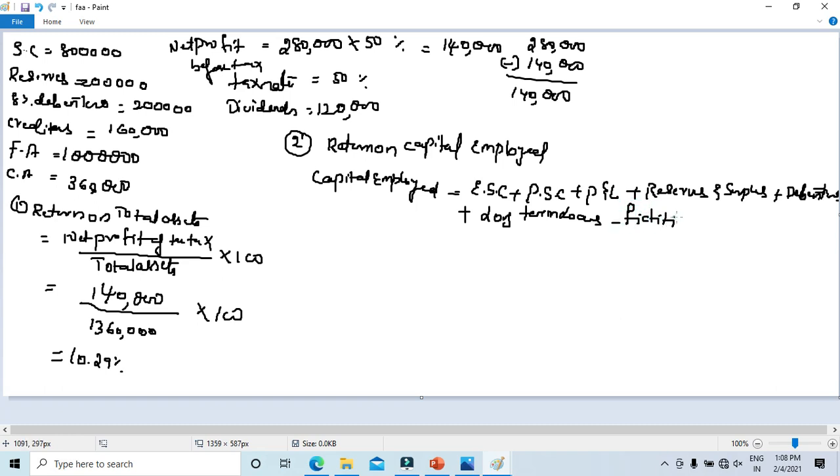So equity share capital is 8 lakhs plus reserves 2 lakhs. We need not take the debentures over here. So it will be 10 lakhs, and the denominator will be 10 lakhs now.